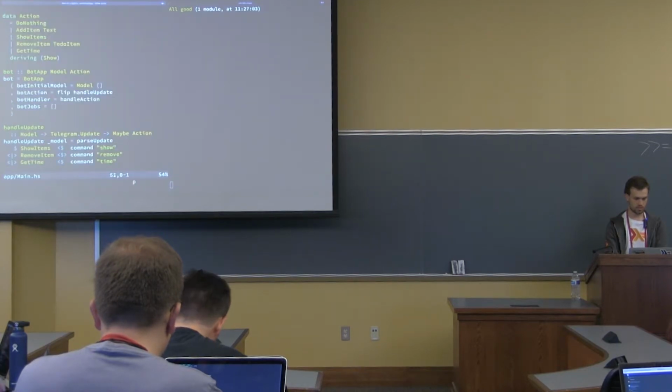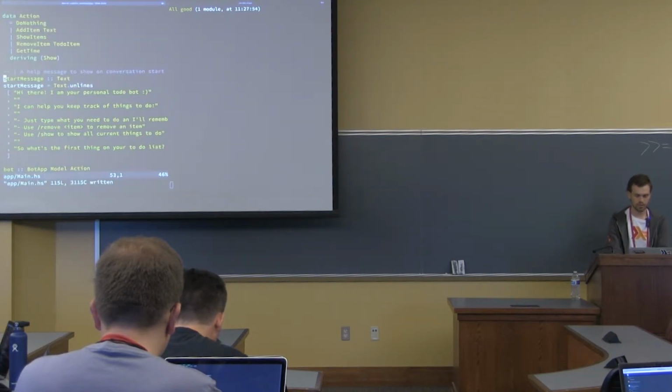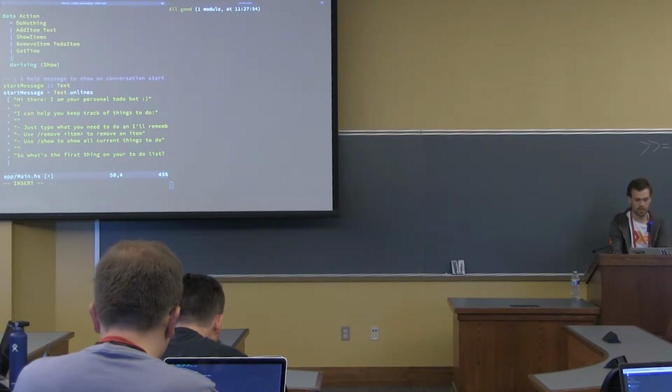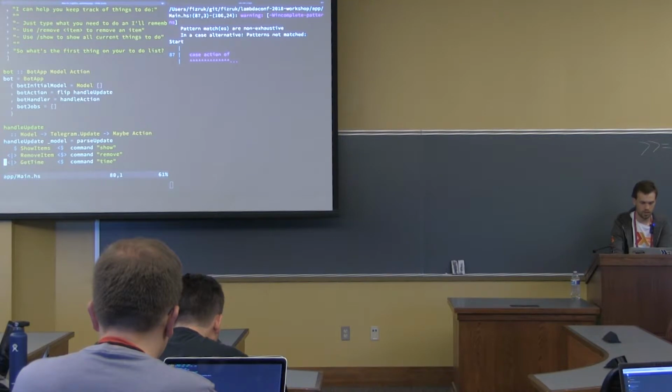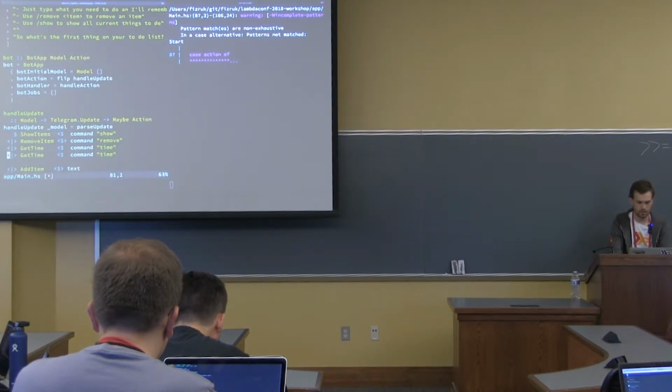Let's put it right here. So it's just a text that tells us that it's a personal to-do bot and so on. So we just add a start action. We add a start command, right?